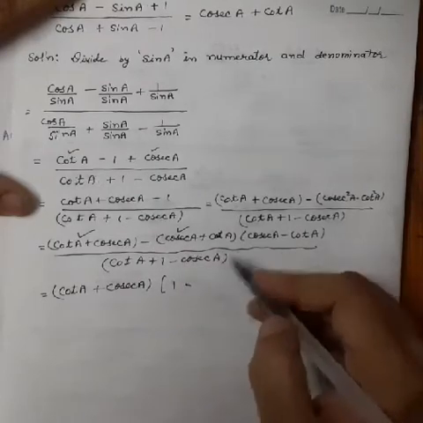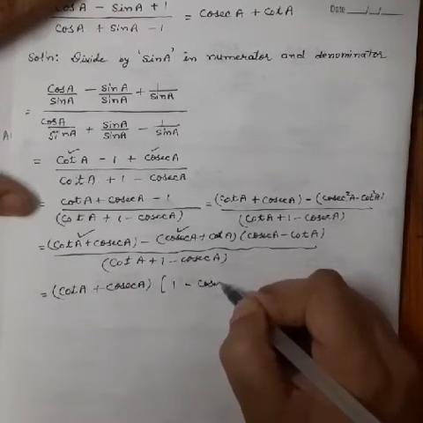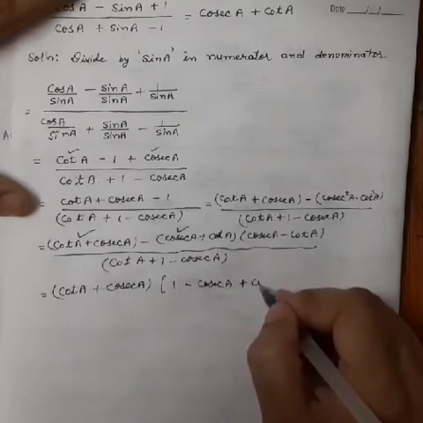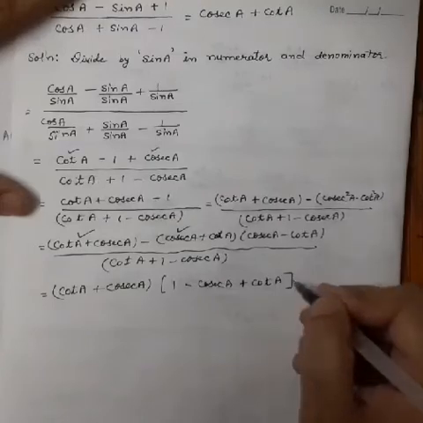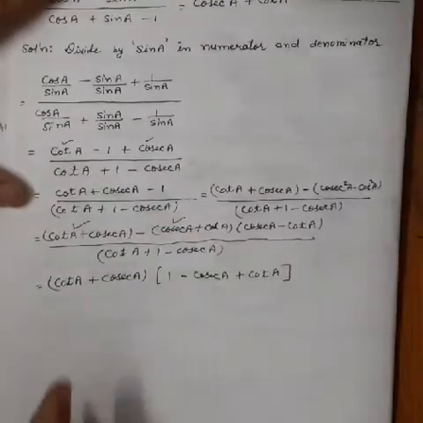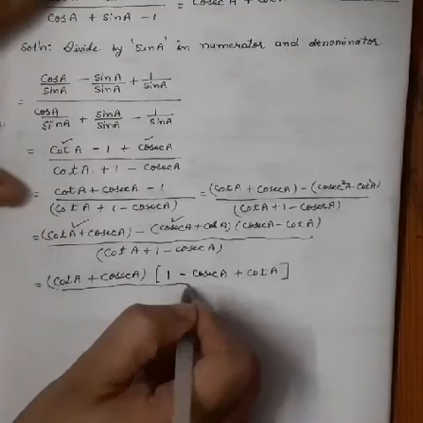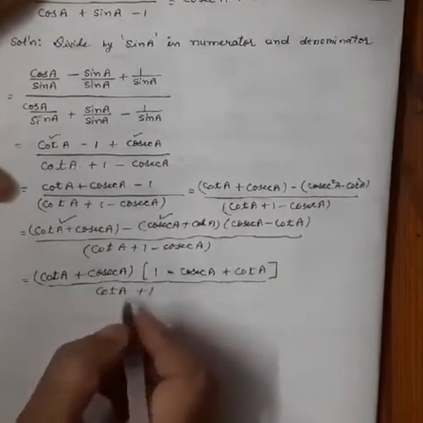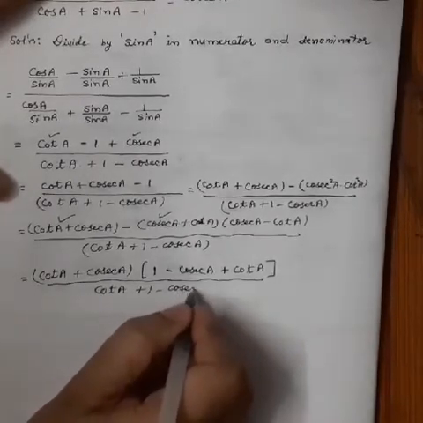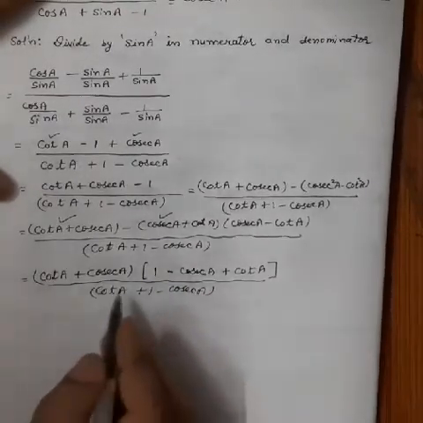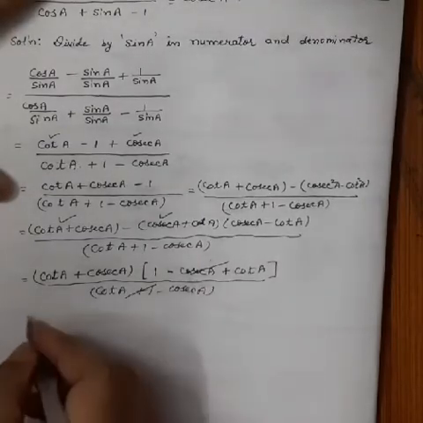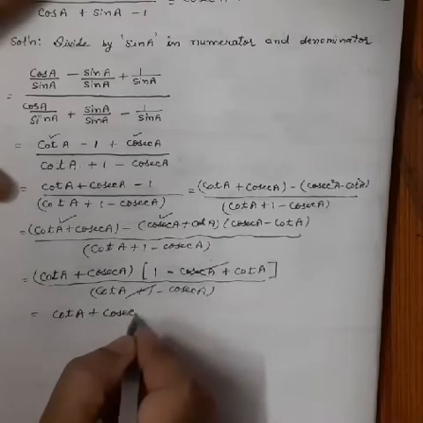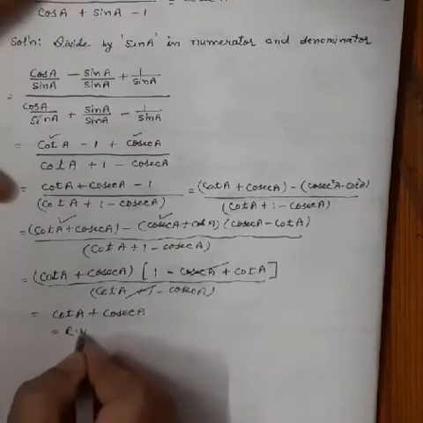Minus multiplied by this gives minus cosec a, and minus this gives plus cot a, upon cot a plus 1 minus cosec a. Okay, both are the same thing. This to this cut. What is remaining? Cot a plus cosec a, and this is your RHS.